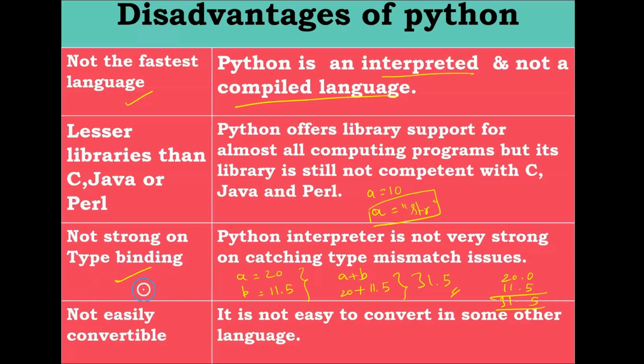It is also called dynamic, and it is the flexibility in Python to have statements like this. And it is not an easily convertible language, because we cannot convert Python to any other language.